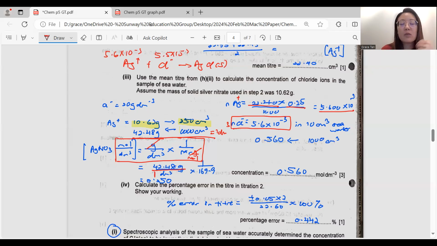Now I need to find what is 1000, because again you want mole per dm cube. So for 1000 centimeter cube, you go by ratio, and you calculate the concentration as 0.560. Because you calculated 0.560, it means the mole is 0.560, and when you divide by 1 dm cube, the concentration is 0.560 mole per dm cube.